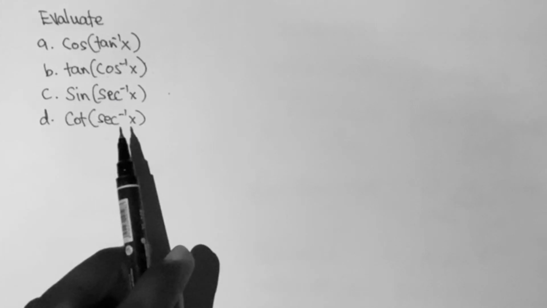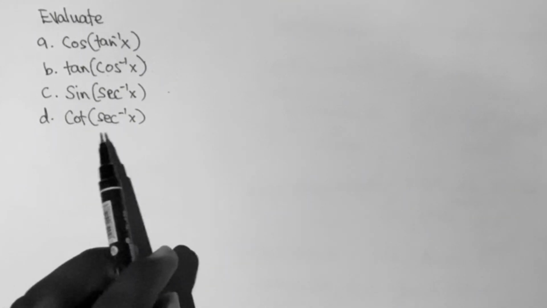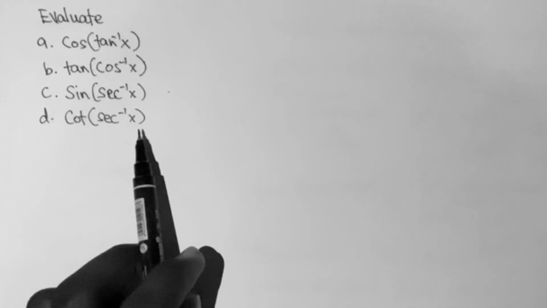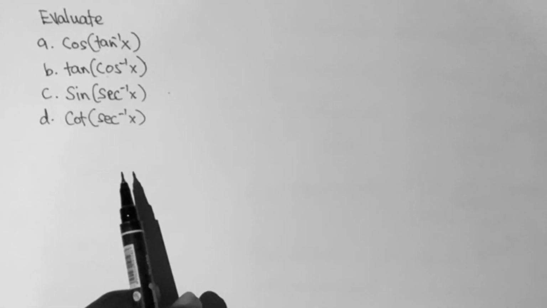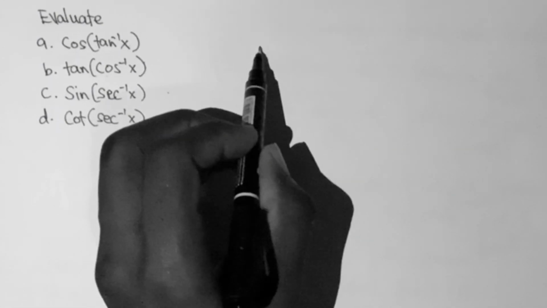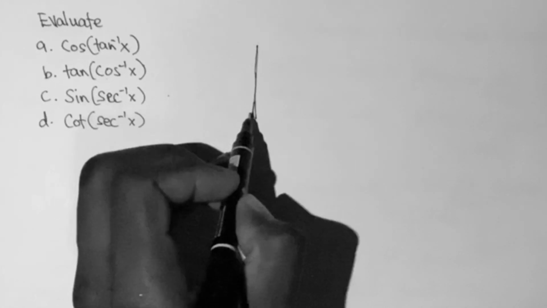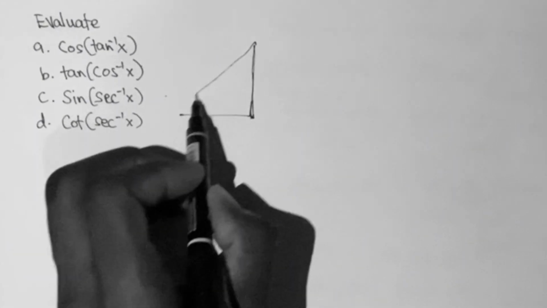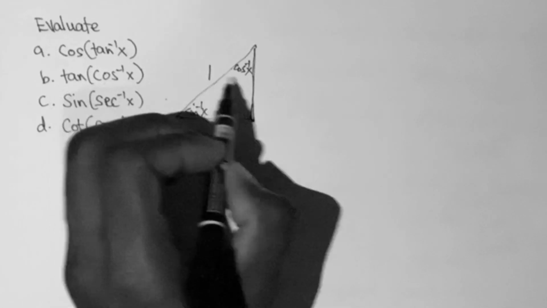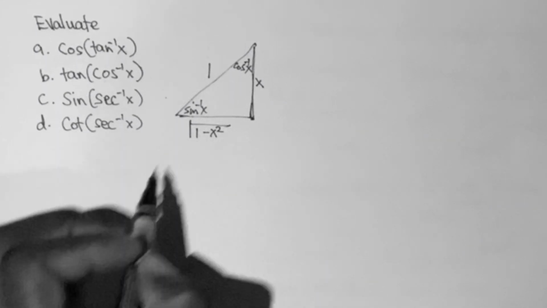So we are supposed to evaluate cos of tan inverse of x, tan of cos inverse of x, sine of sec inverse of x, and cot of sec inverse of x. So all these are the case of the special triangles. So let me draw the special triangles here. So the first one is what we saw, I illustrated based on the previous example that we saw. And here is 1, x, then square root of 1 minus x squared.